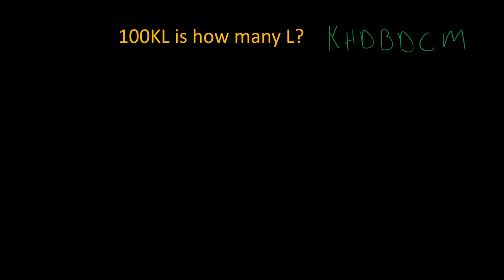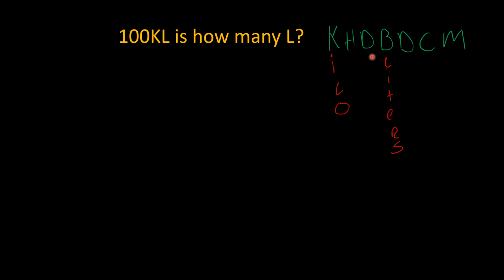K stands for kilo, so we're over here, kilo, and we want to go to liters. Liters is just going to be our base. So we want to go from here to here, and you can see that we're just going to move over to the right 3 times.